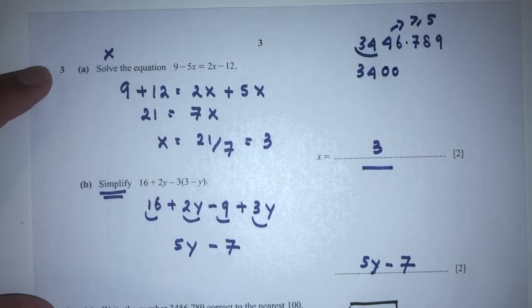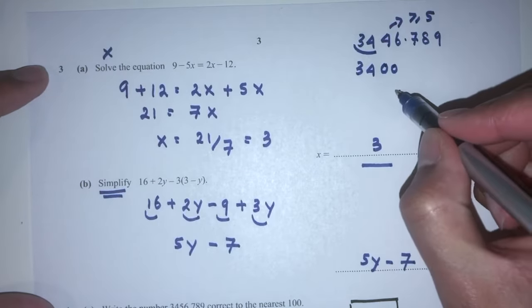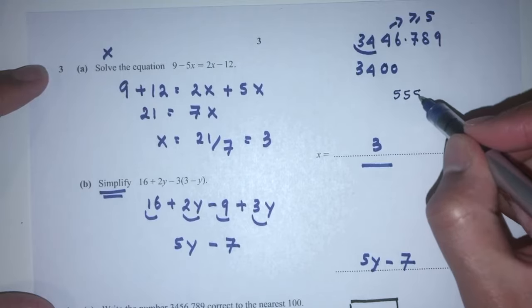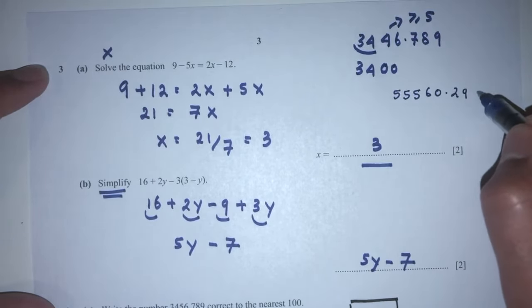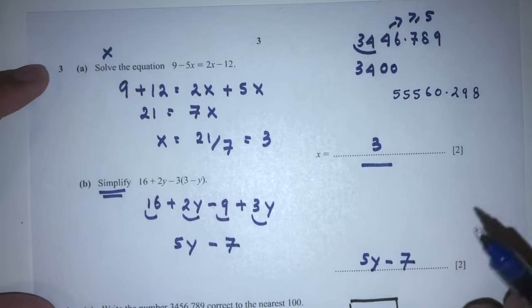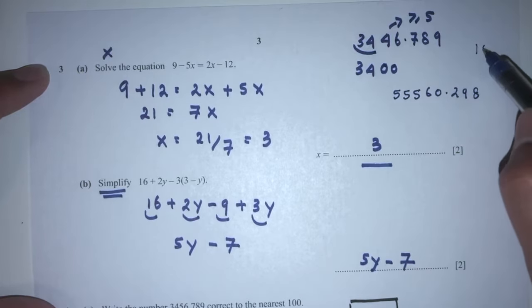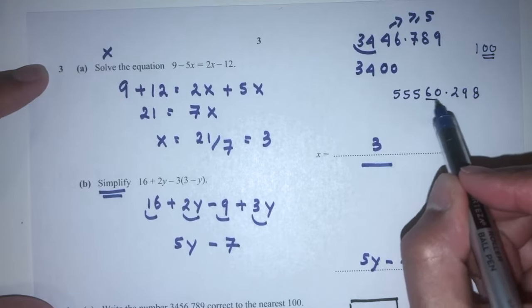So let's look at another example, just so that you have a good understanding. What if I had 555,600.298? I have to write this down correct to the nearest 100. Because it is 100, we have to look at the 2 zeros here.